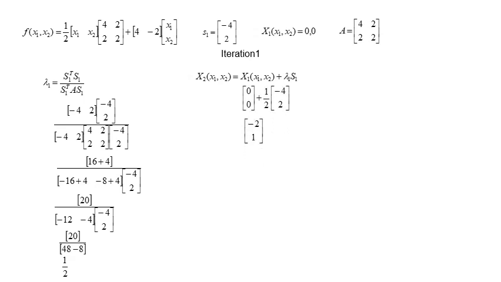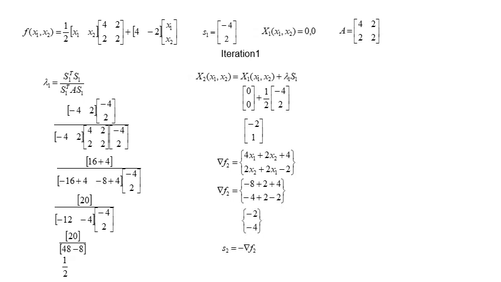Thus, the new values of x1 and x2 are minus 2 and plus 1, respectively. Calculate del f2 by replacing x1 and x2 with the new set of coefficients. Since del f2 is not 0, this is not an optimal solution. We need to update coefficients x1 and x2.